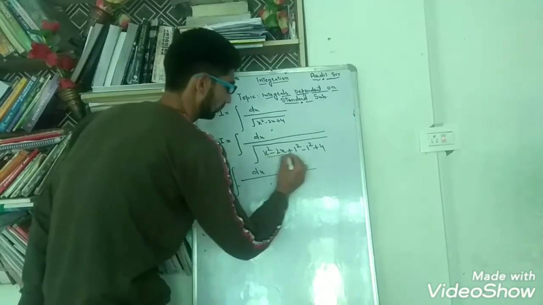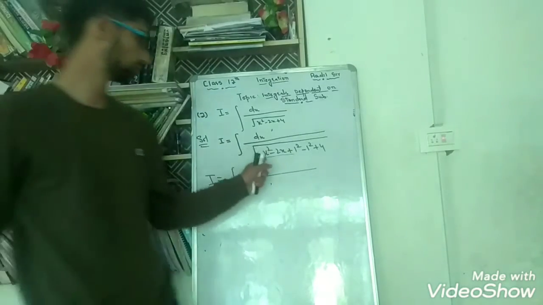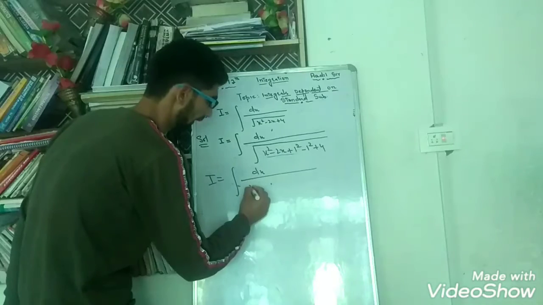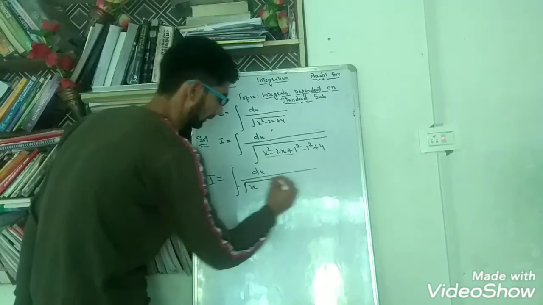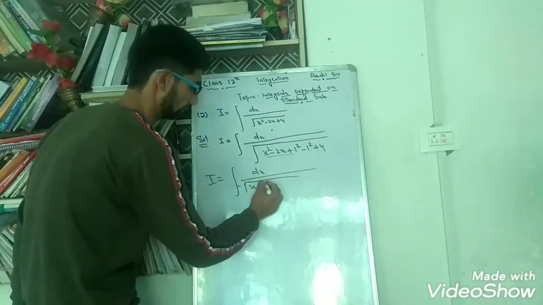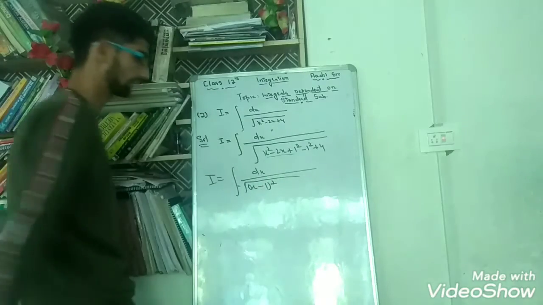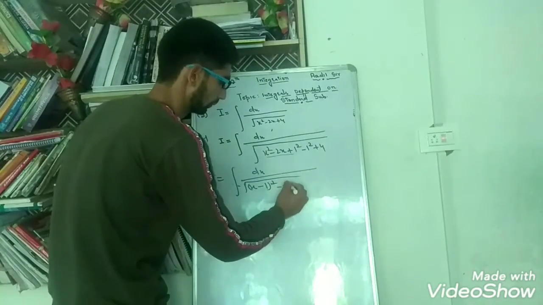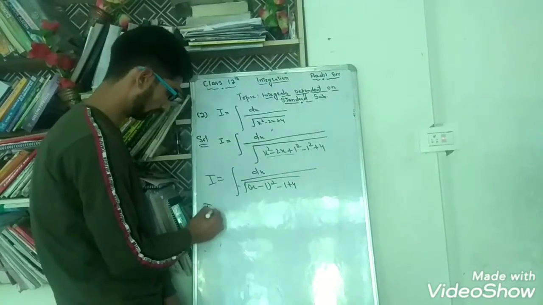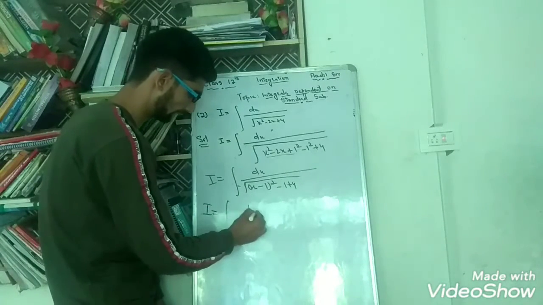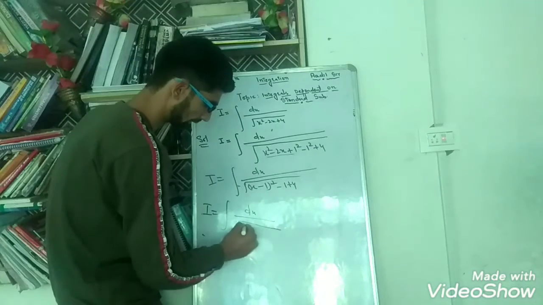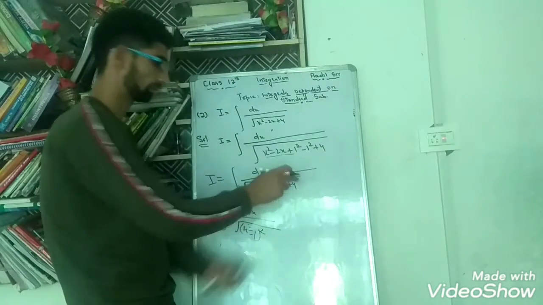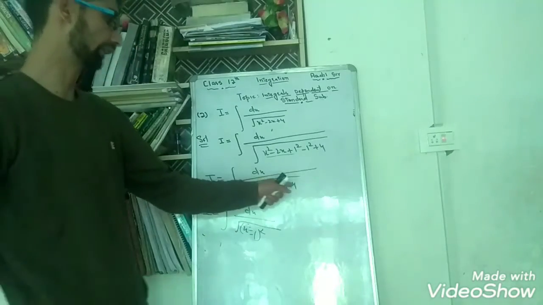When I look at this expression, it is a square minus 2ab plus b square, that will be a minus b whole square, so x minus 1 whole square. And after that, beta, it is minus 1 plus 4, that will become 3.